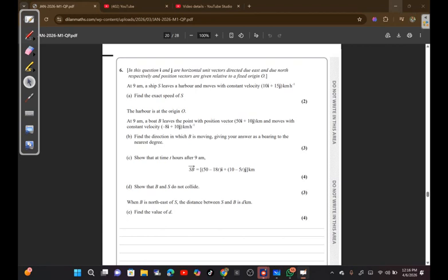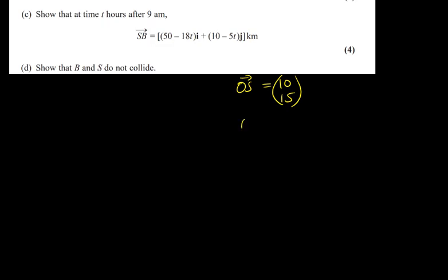And then what else we may need? The position of the boat, that is 50i. So we can say OB is 50i plus 10j.